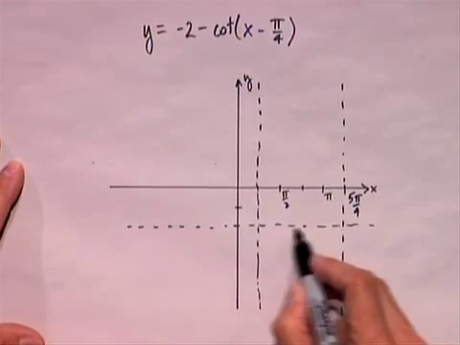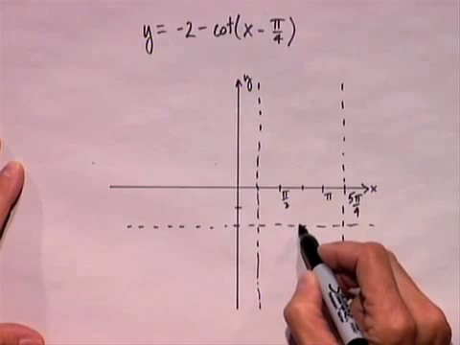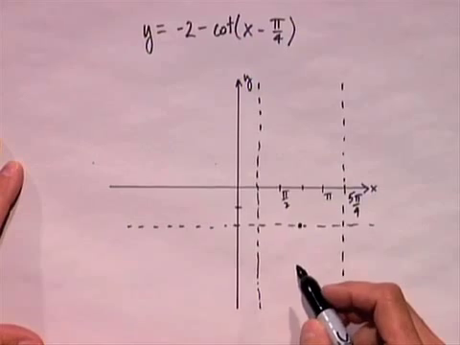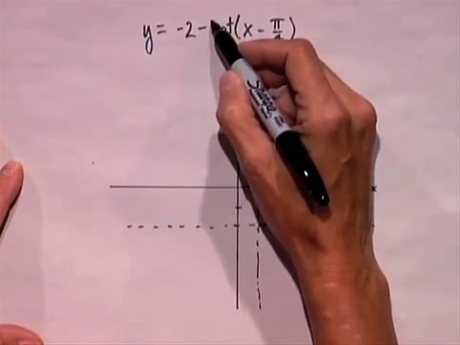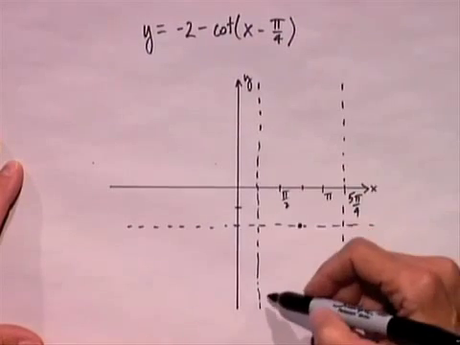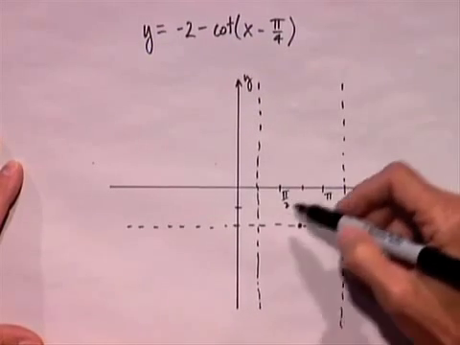So here's the horizontal axis, and the cotangent inflects right halfway between the pair of vertical asymptotes. Its coefficient is negative 1, so it's going to be drawn as an increasing graph.